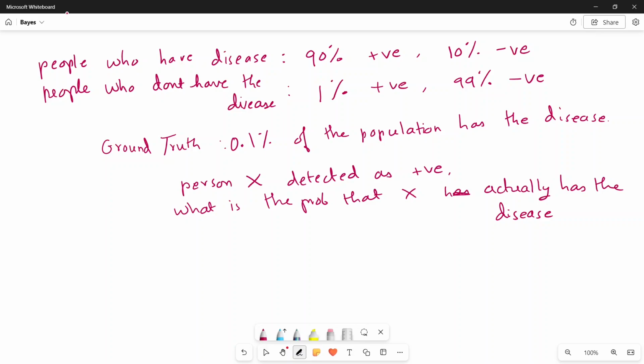So now to solve this by Bayes theorem, let E be the event that X has the disease, and let A be the event that the test of X comes out to be positive.